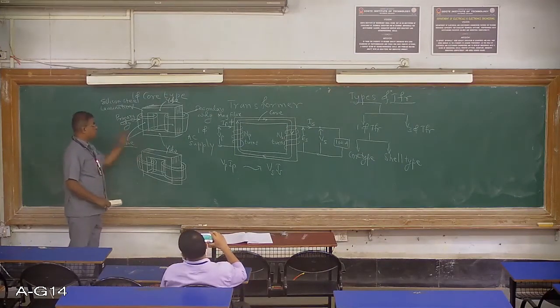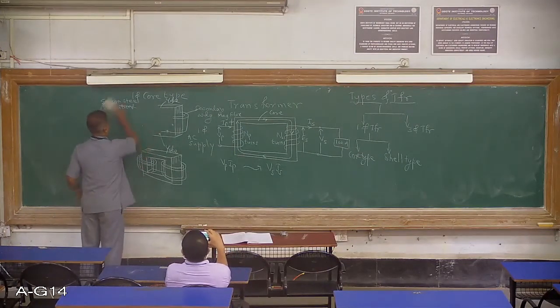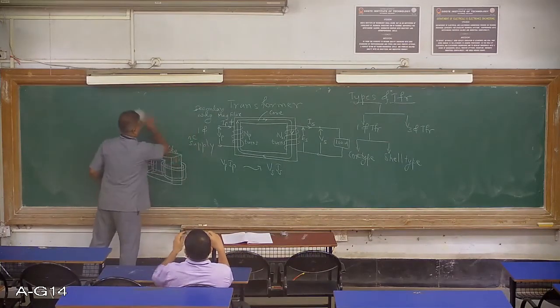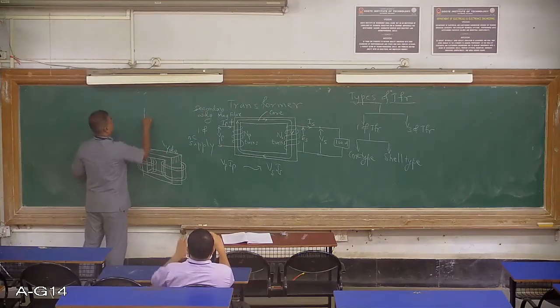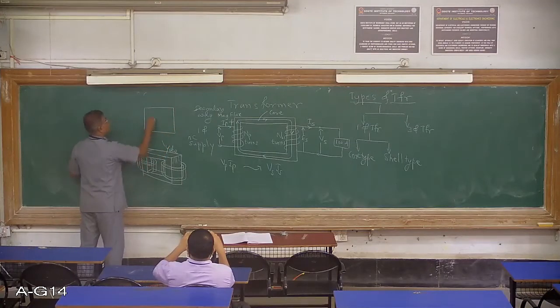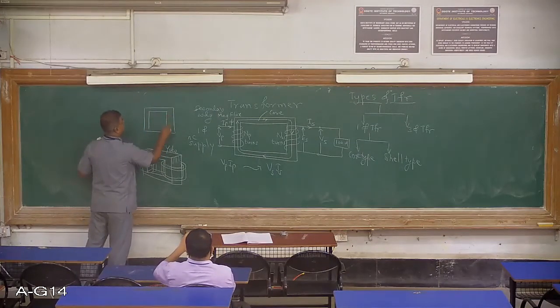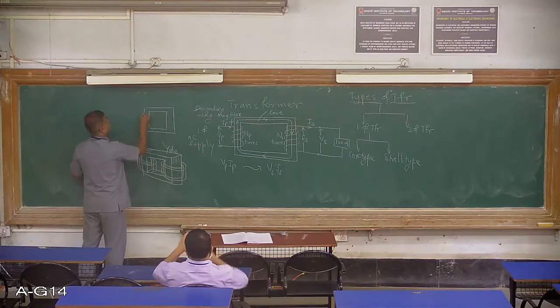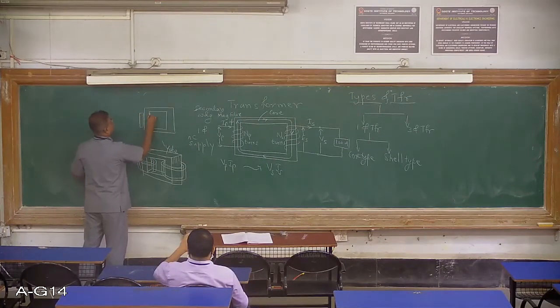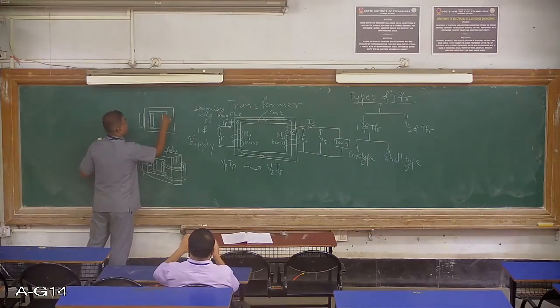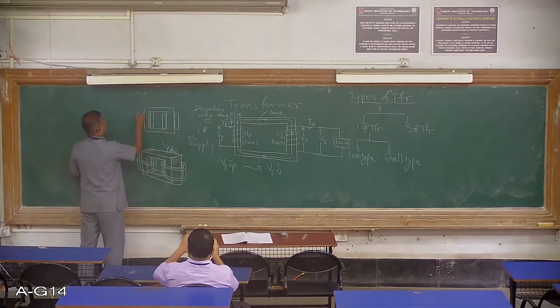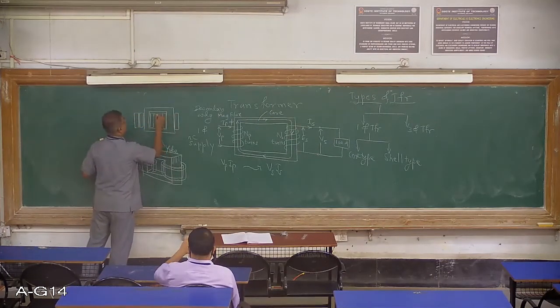Symbolically, this core type transformer is shown like this. The magnetic core, half primary here, half primary here, surrounded by secondary, the remaining half portion.